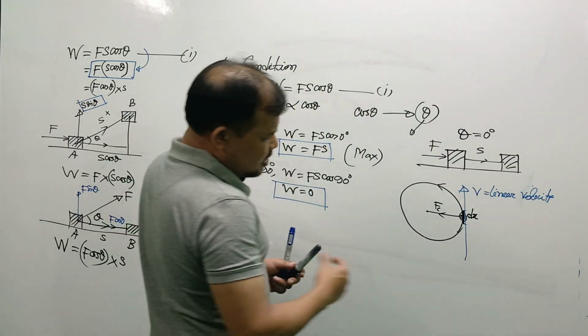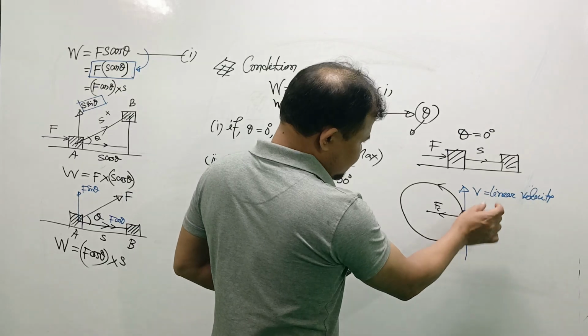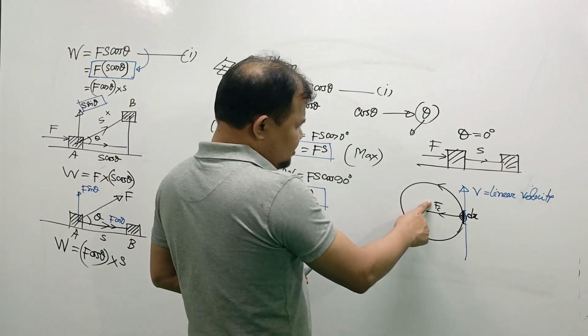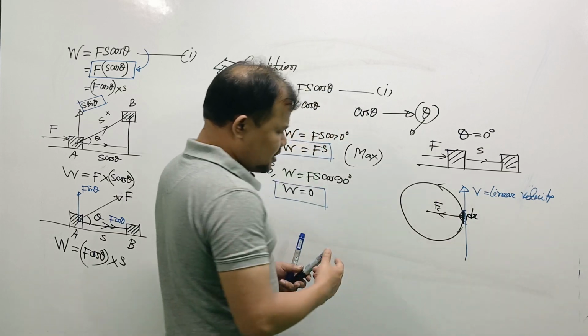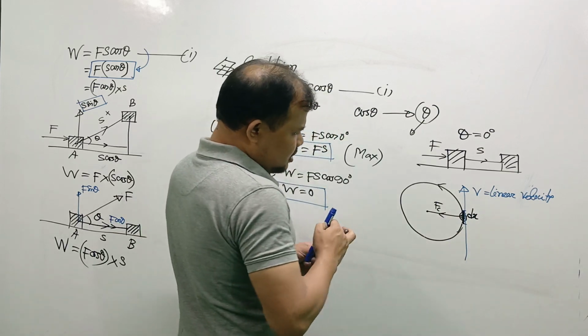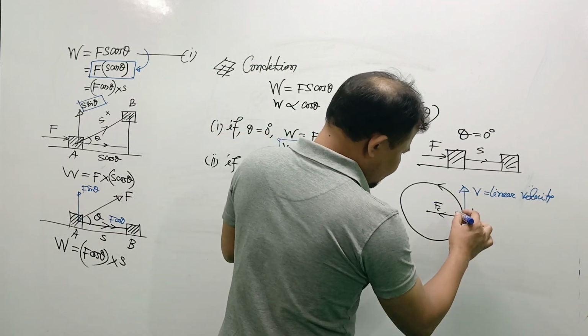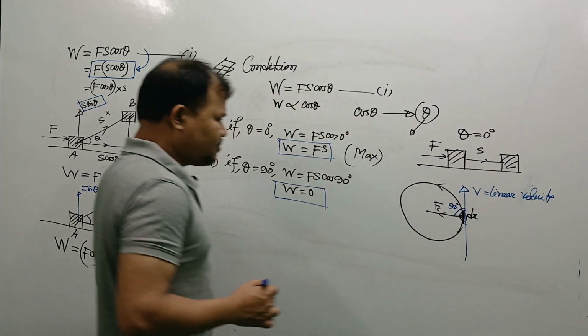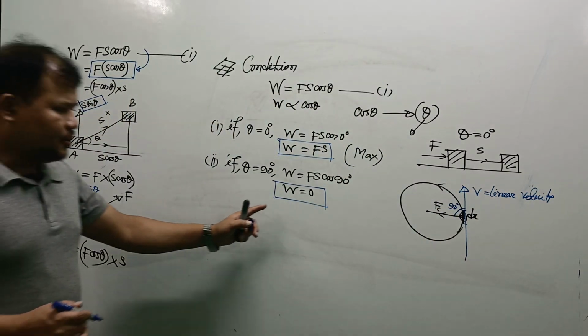Because of that reason, this displacement will be linear. As the force is a linear force and the displacement is also linear, and the angle between the direction of the displacement and the direction of the force is 90 degrees, in this situation the work done will be 0.